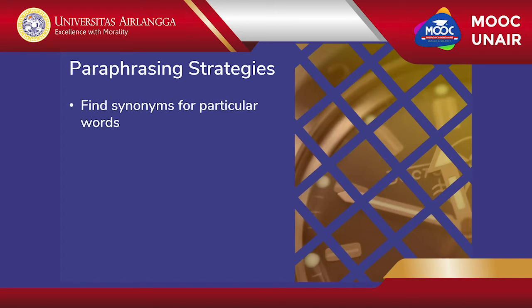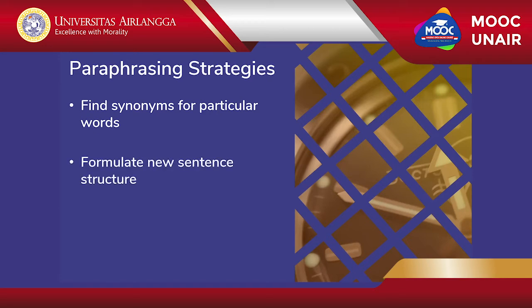This means for any word that it is possible to find a synonym for without changing the meaning, you should use the synonym. This will help in changing the words so that you do not use the exact same vocabulary or diction as the source.